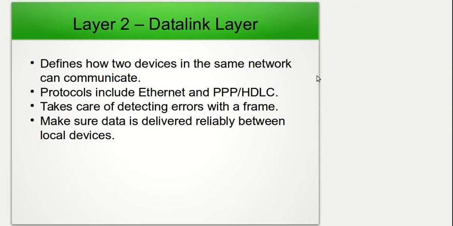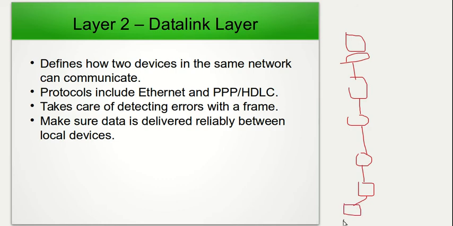So what that means is, let me draw a sample network. Okay, we have a switch to a router, to another router, to a switch, to a device. Now with the network layer, let's assign these devices an IP address. 1.1.1.1 and 2.2.2.2.